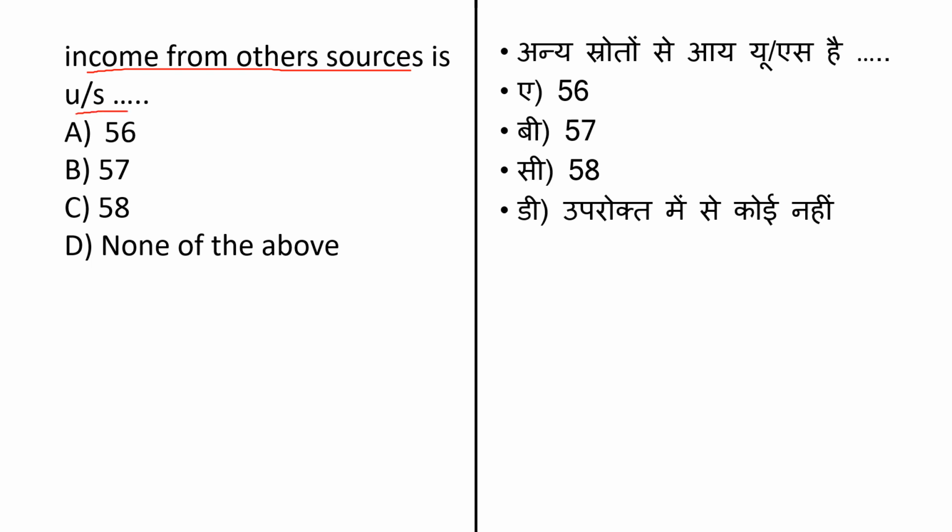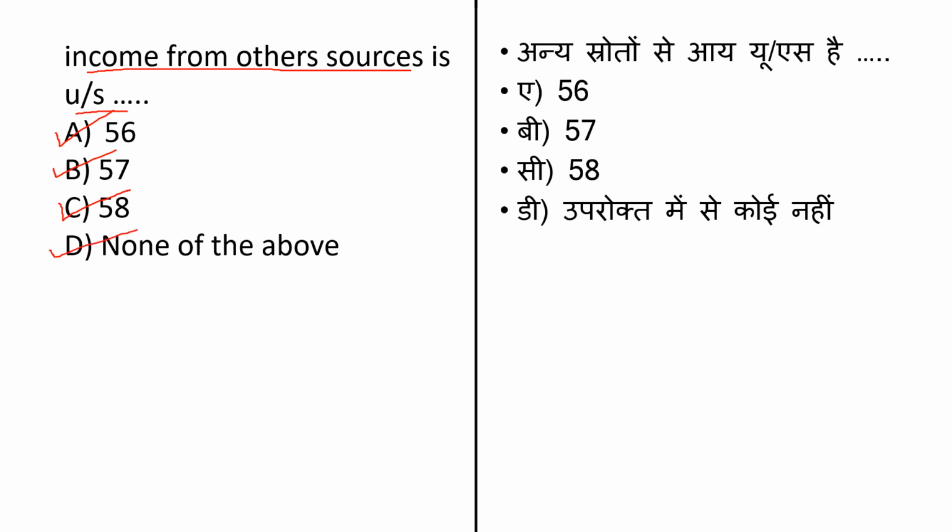Here they ask you about the section of income from other sources. The options given are section 56, the second option is section 57, the third option is section 58 and the last option is none of the above.